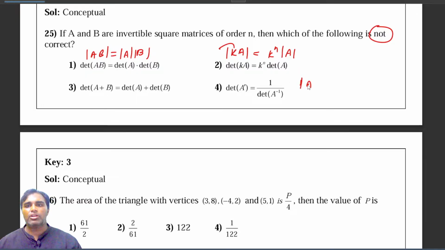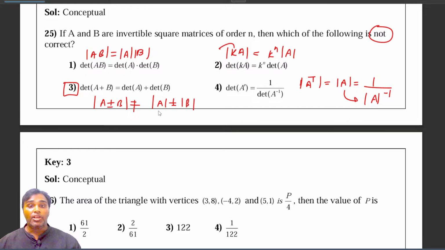Now determinant of transpose is determinant of A, and determinant of A I can write as 1 by determinant of A inverse. This is also correct. So we are left with only 3, because determinant of A plus minus B is never equal to determinant of A plus minus determinant of B. JEE Advanced has asked a very wonderful question on this property. We'll do that advanced level problems in our upcoming live sessions. But right now, let's focus on KCET. So this one is 25, third option.